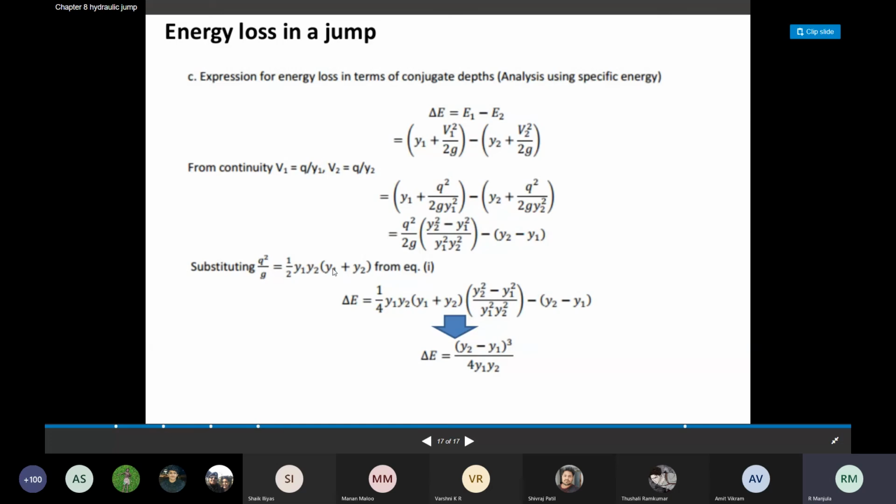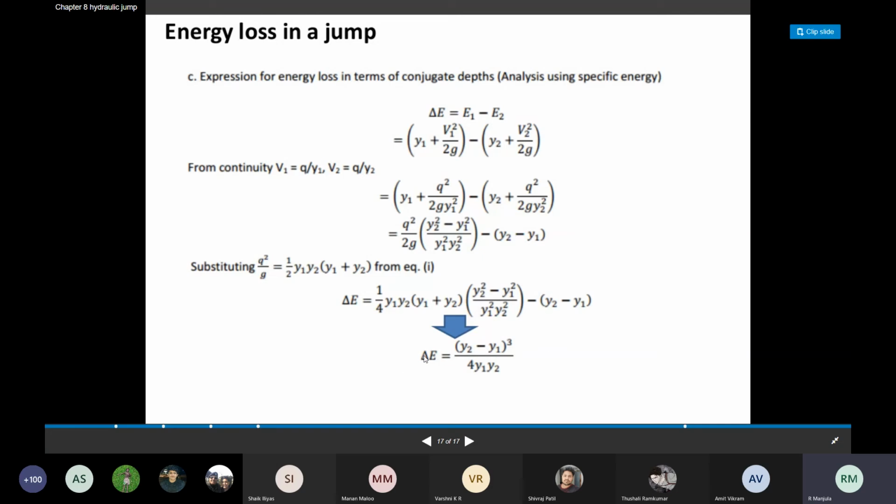This is the equation we are taking from the conjugate depth. The other component remains the same: y2 square minus y1 square divided by y1 square y2 square, minus y2 minus y1.